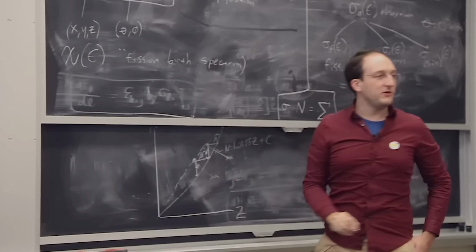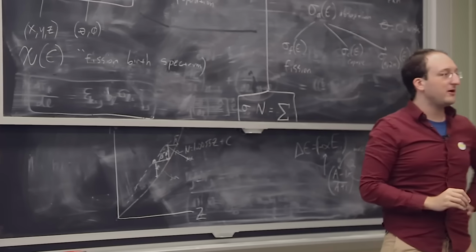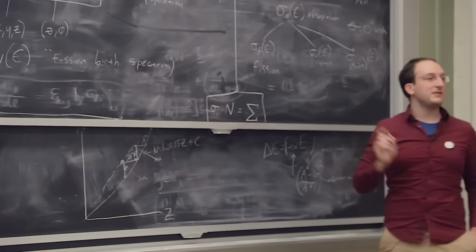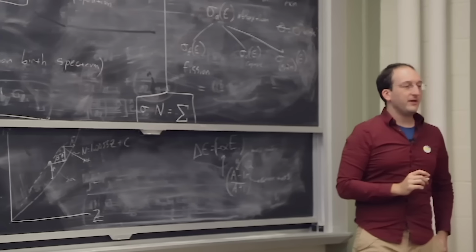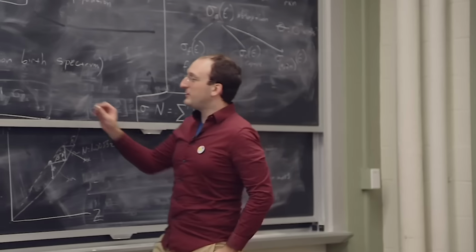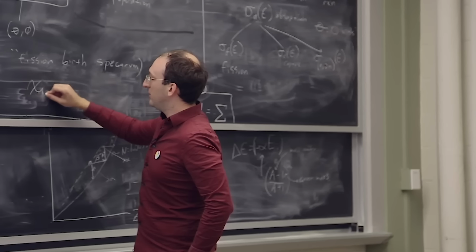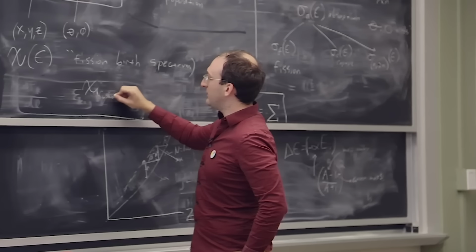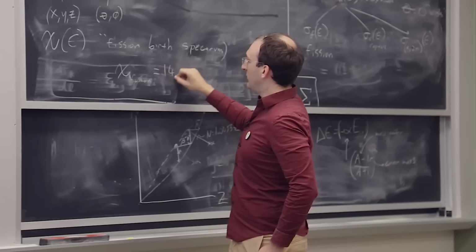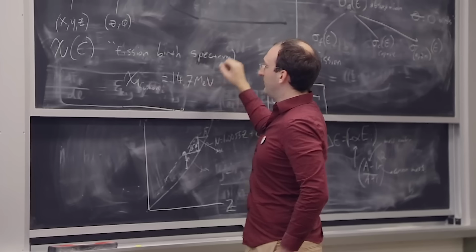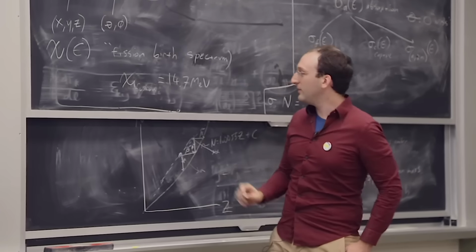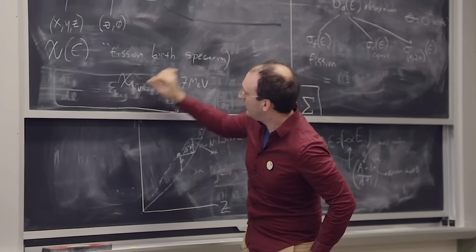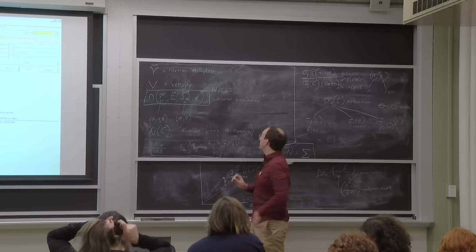We've already talked about the neutrons being born and how many there were, but we didn't say at what energy they're born. In fusion reactors, this is pretty simple. You've already looked at this case. What is it, 14.7 MeV? That's a lot simpler. That's fusion. For fission, it's not so simple.